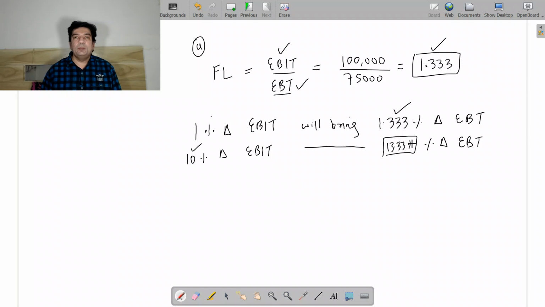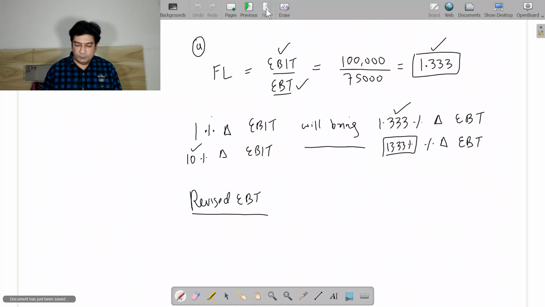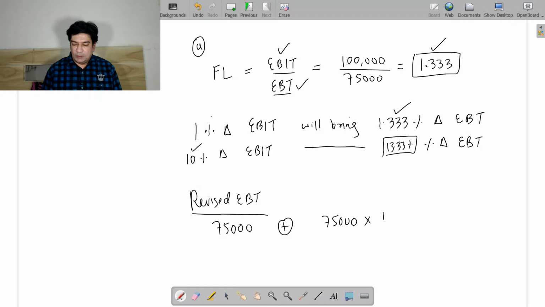13.33% there will be change in my EBT. Now what will be my revised EBT? The revised EBT is going to rise by 13.33%. So my EBT is 75,000. On this 75,000, 13.33% there will be some rise.